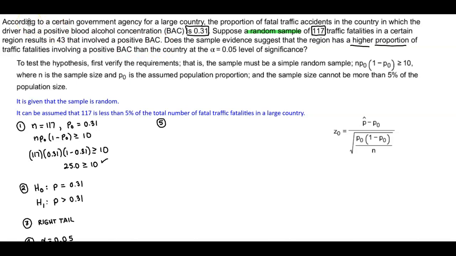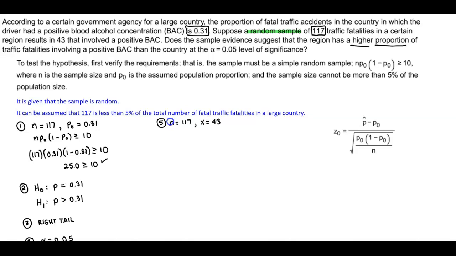So what this tells us is that the value of n is 117, which is the sample size. And you also know the value of x.